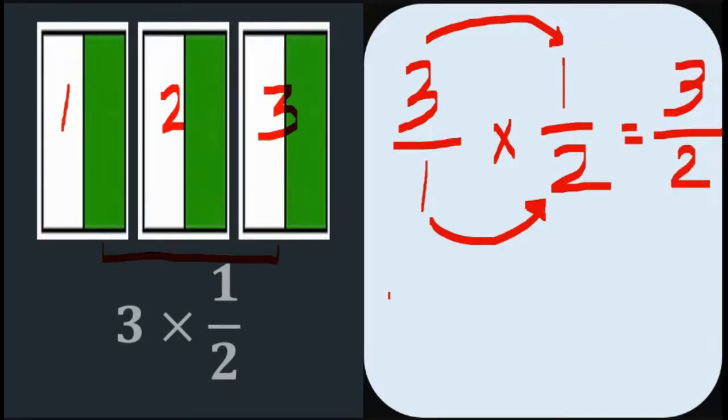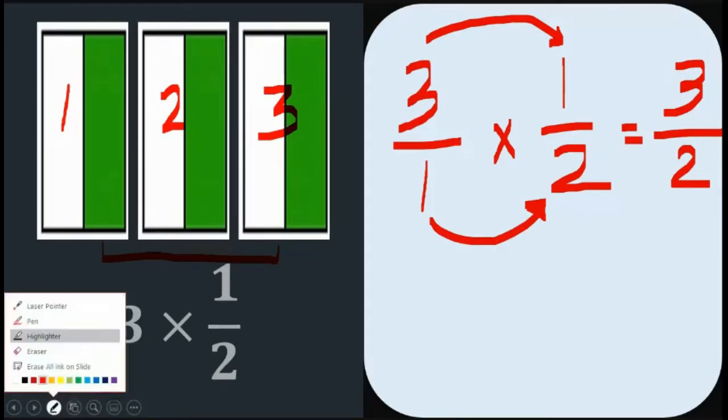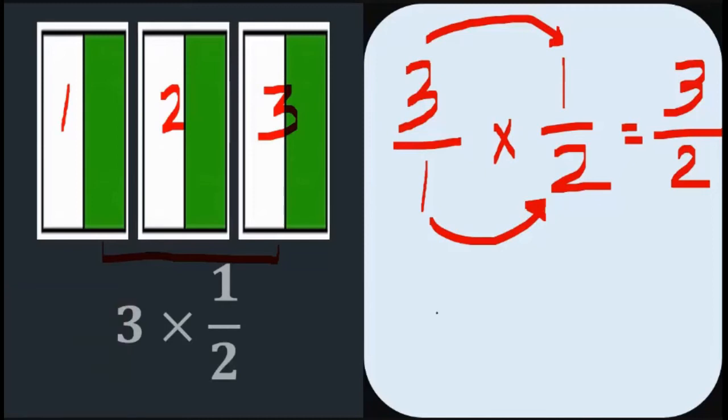3 over 2. And then, apply again what the teacher taught about how to turn an improper fraction into a mixed fraction. We're going to simplify. So, 3 divided by 2.